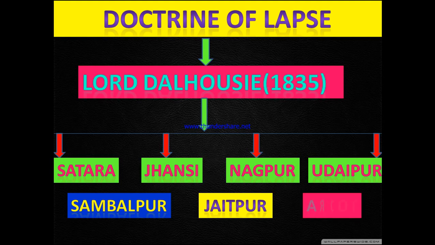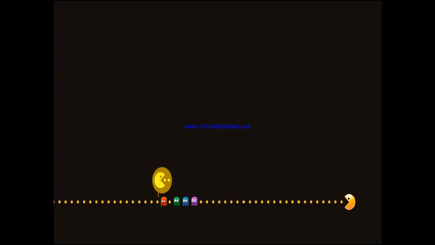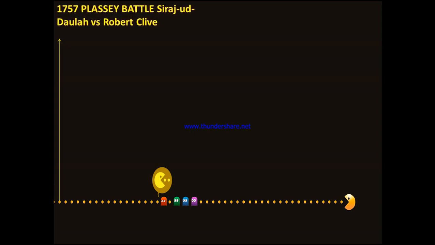Like that, the British East India Company followed different methods and policies to extend their administration over the entire country, from the establishment of their trade centers to becoming the real administrators. So once again we can see clearly, year by year, how they came to power.